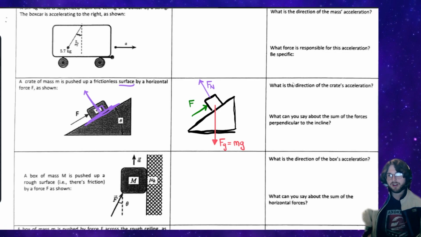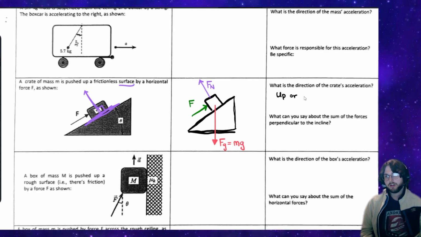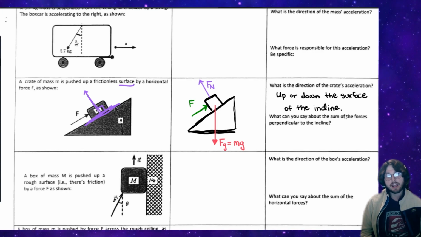And so we're going to get to this more when we get to inclined planes, but for now, we can just say generally that this box is either going to be sliding up or down the surface of the incline. Now, we don't have any more information to know whether the force outweighs the gravity or vice versa, but we're going to keep it the way it is.